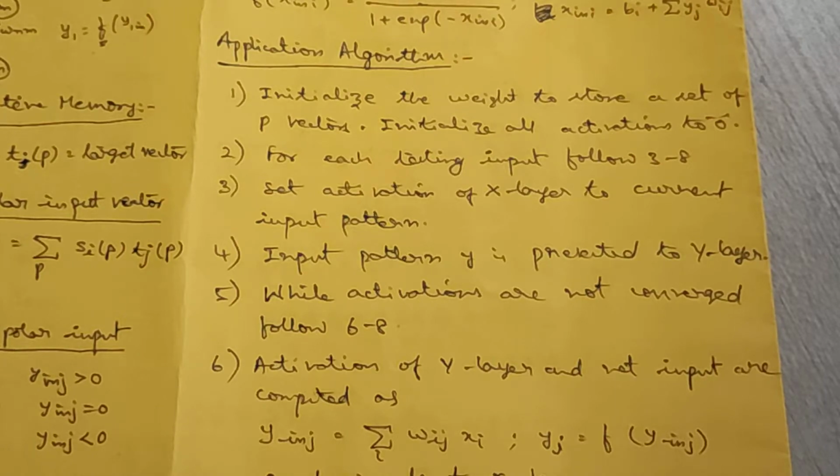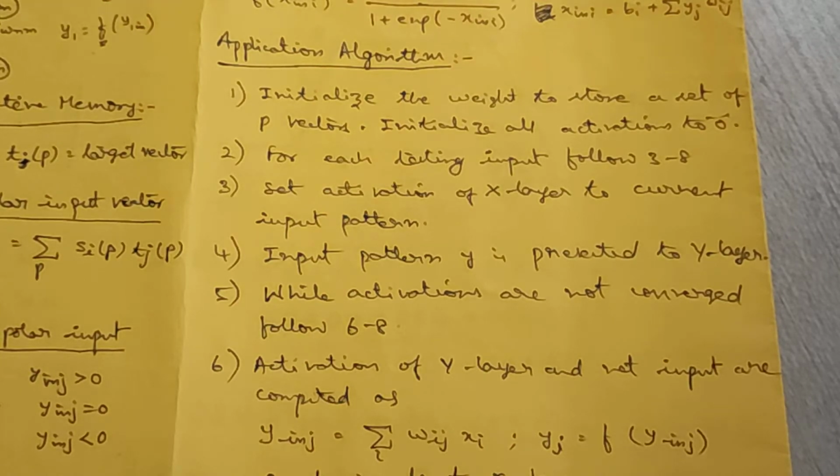Those two should be equal, but as this is a heterogeneous associative memory, in general those two are not equal. As they are not equal, we need to follow some steps to get the associativity of these two things, the input vector and the target vector.